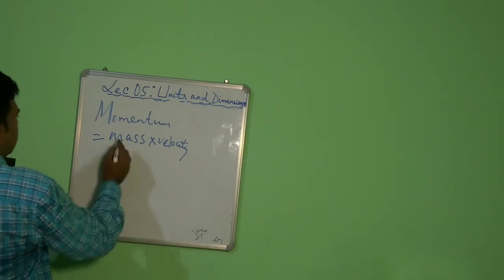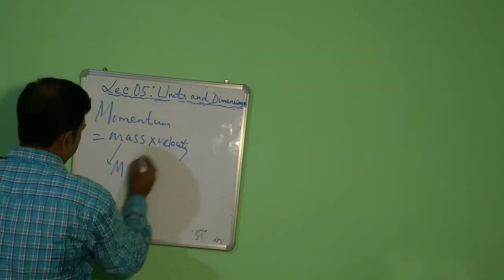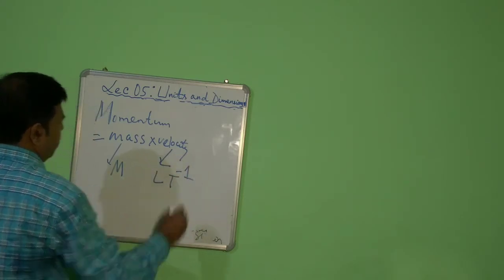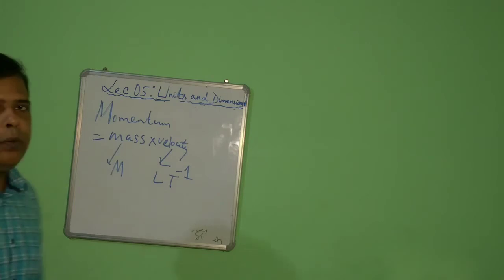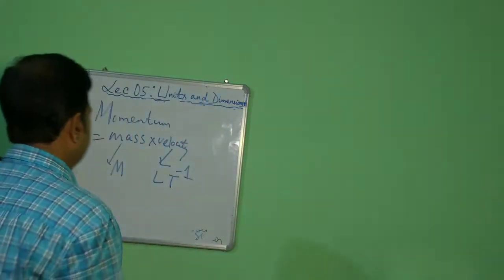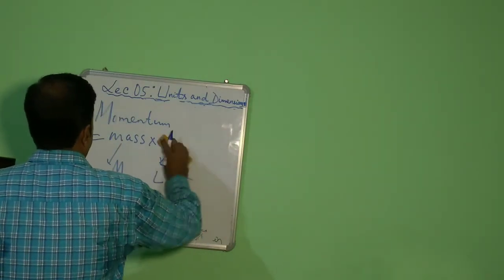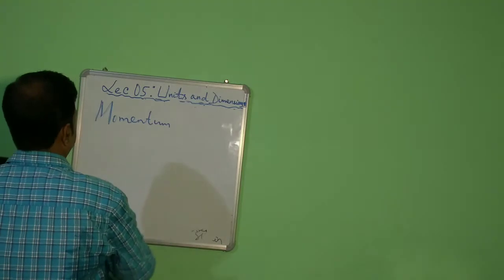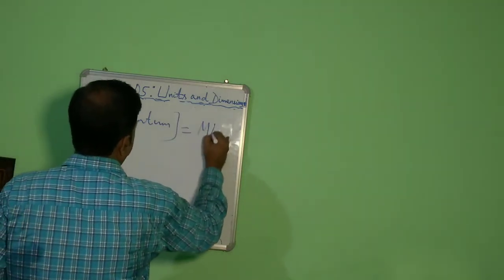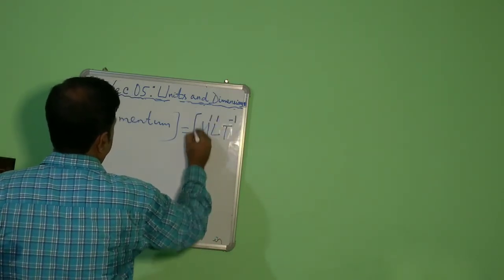For mass, the dimension is m, and for velocity, the dimension is L into t to the power minus 1. So the dimension of momentum will be m.L.t to the power minus 1.